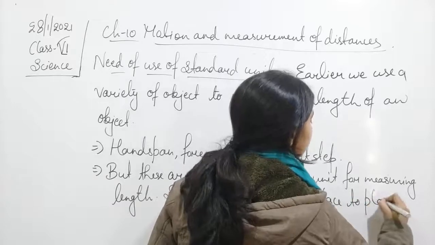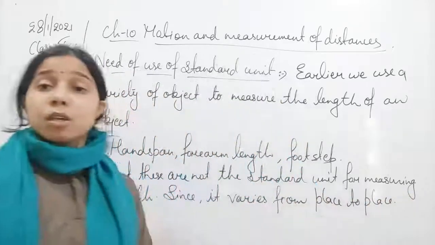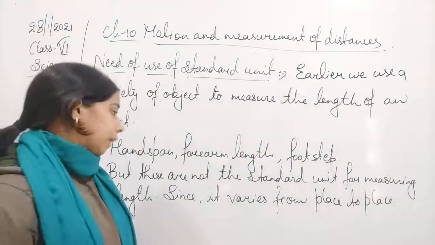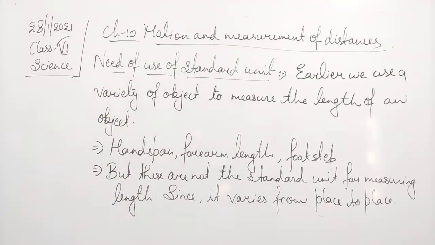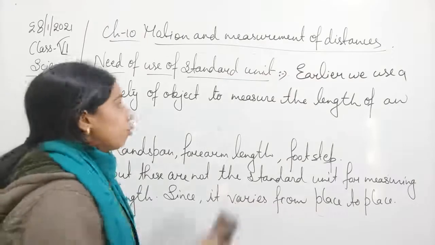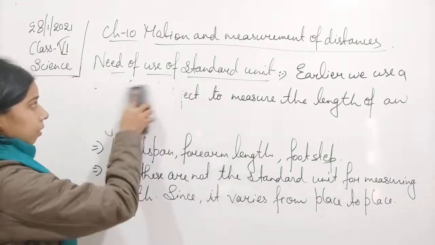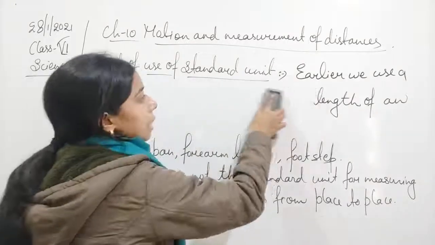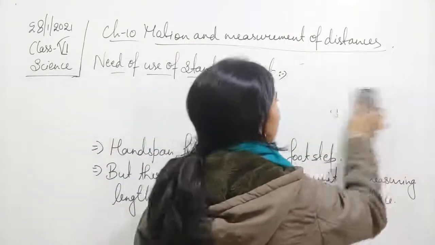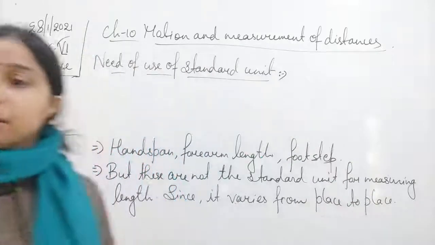Since it varies from place to place, we will say that it is not a standard unit for measuring anything. So we should use a unit which is fixed, which does not change from place to place, and that is why there is a need of a standard unit.